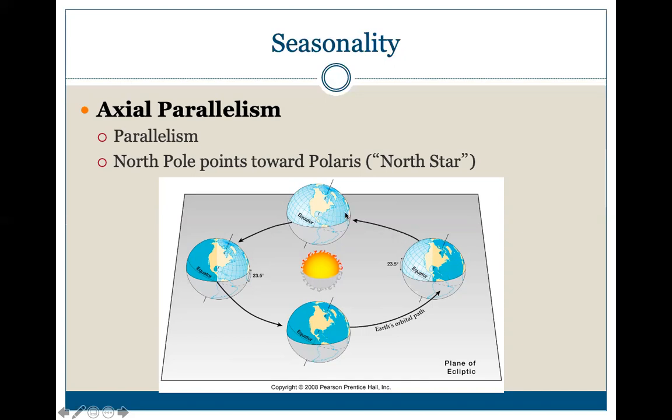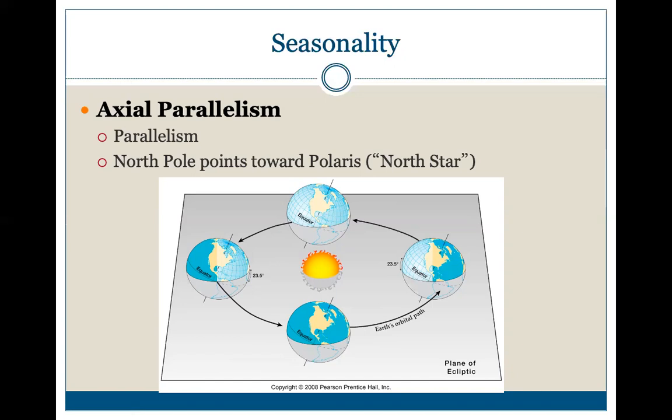Therefore, as it's going around, because this axis is 23.5 degrees different from the plane of the ecliptic, then you will see the sunlight is changing its orientation on the Earth.